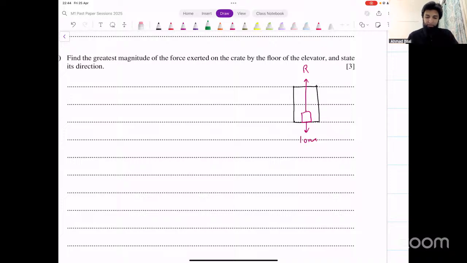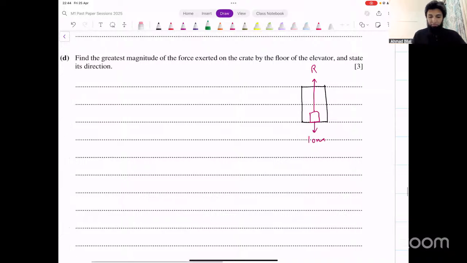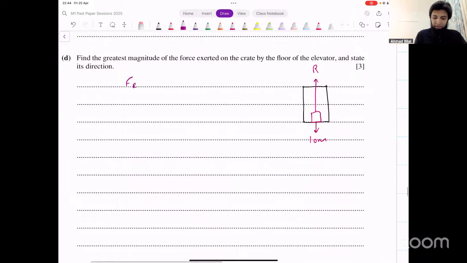When it's accelerating, remember resultant force equals mass times acceleration, right? What's the forward force? Forward force is R here if the lift is going up. Backward force, that is 10m. That should equal mass times acceleration. If we want to maximize R, that means the lift should be accelerating. The value of a should be as big as possible.